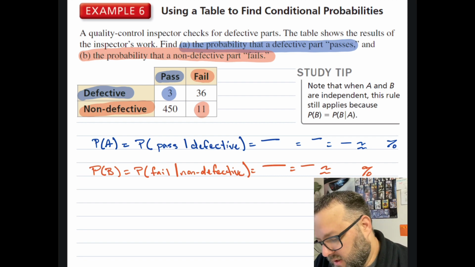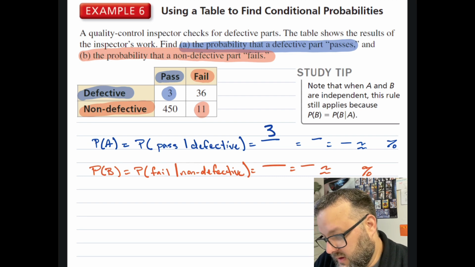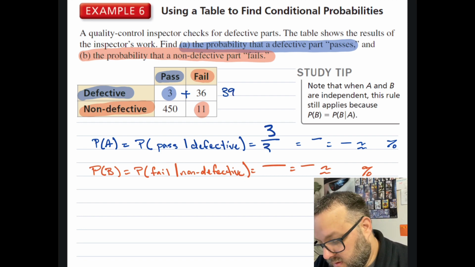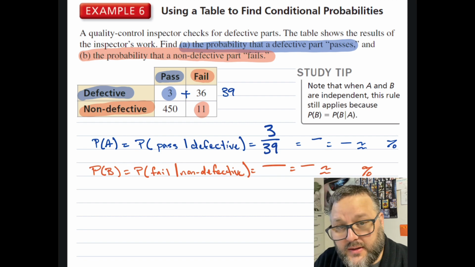Okay. So a defective part passes, and that happened 3 times, and the total number of times that there was a defective part was the 3 plus this 36, or 39 times. So that's the total amount of defective. So this becomes 39.